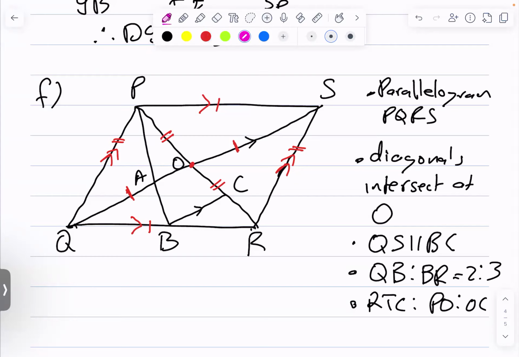But the other information that they gave us here is that QB to BR is given by the ratio 2:3. So now, when you look at this, this thing looks very intimidating.